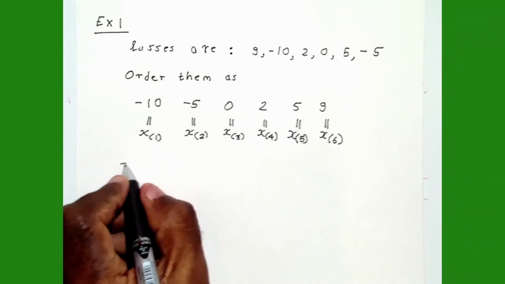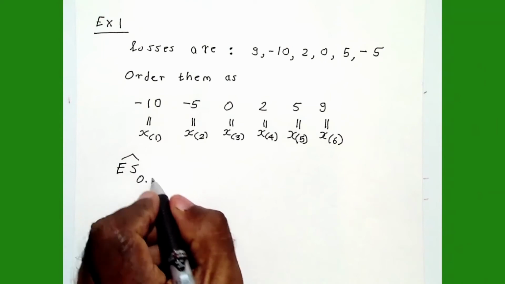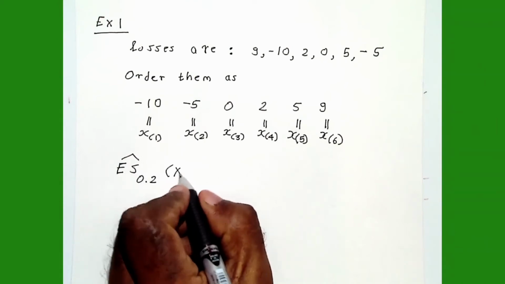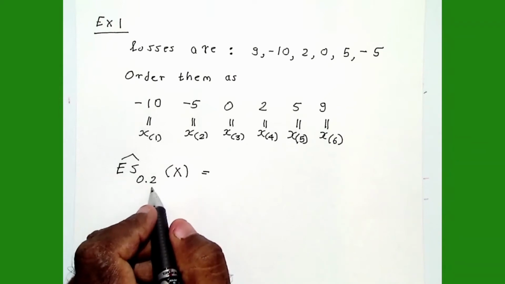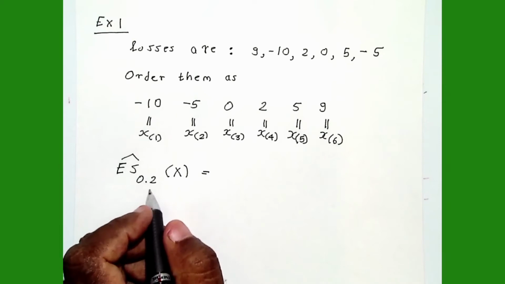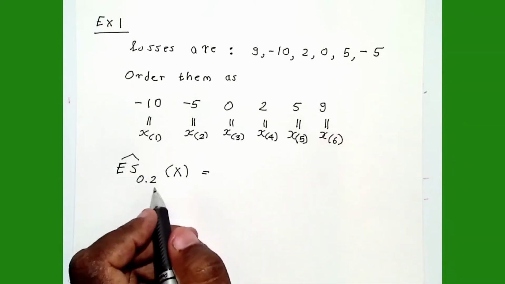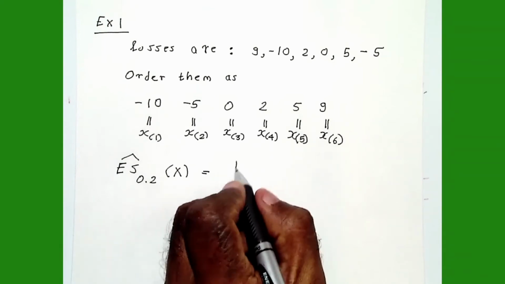Now suppose you want to find the estimator for expected shortfall at 0.2. According to the formula, n times p, n is 6, so 6 times 0.2 is 1.2.